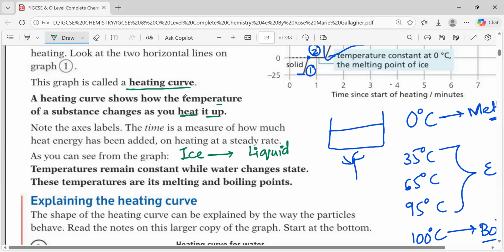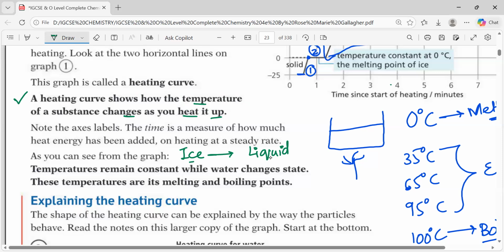They have mentioned that the temperature of a substance changes when you heat that particular thing. Do you agree with this statement, that the temperature of a substance changes when you heat it up? Okay, so can you justify this with an example?